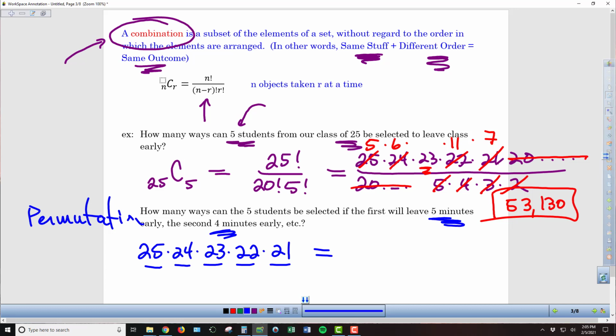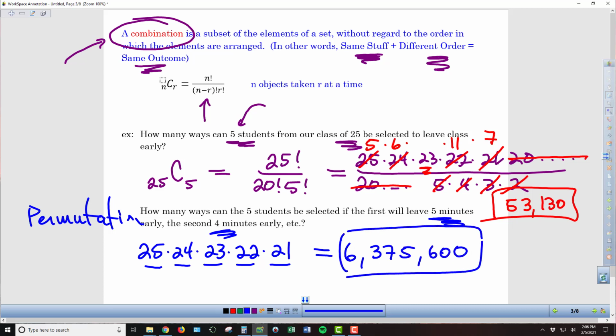And so if I multiply those out, we get a much larger answer of 6,375,600 different ways that we could pick the students from a group of 25. So the difference here is once we say that the order in which we pick the students matters, now we're talking about a permutation, which means we're going to have many more outcomes than we will if the order does not matter, where we see a much smaller number.